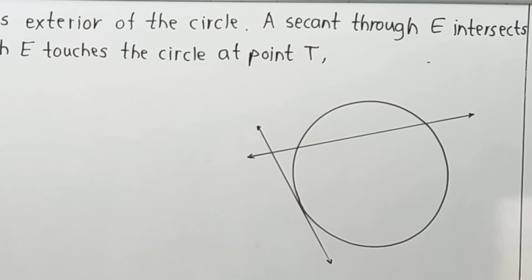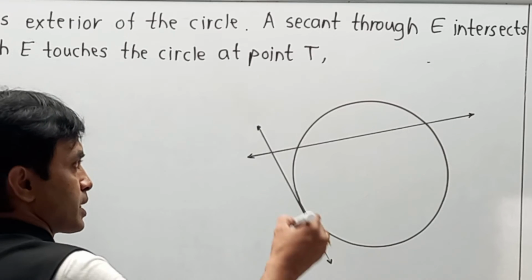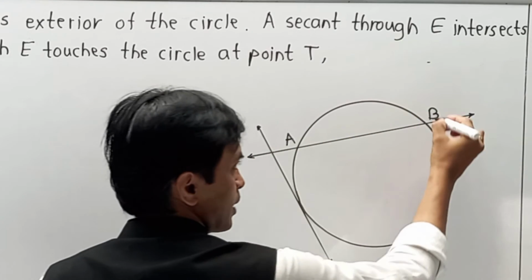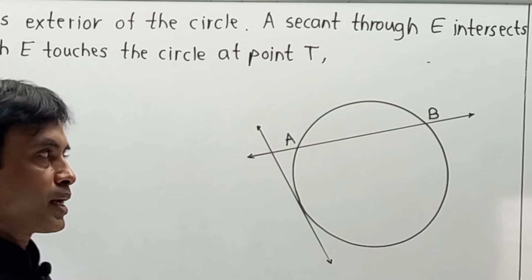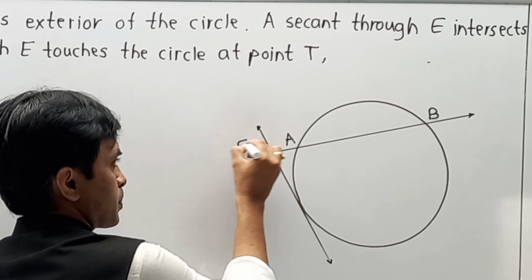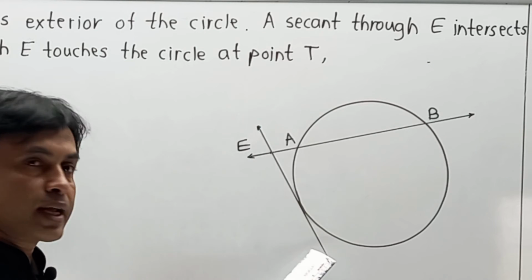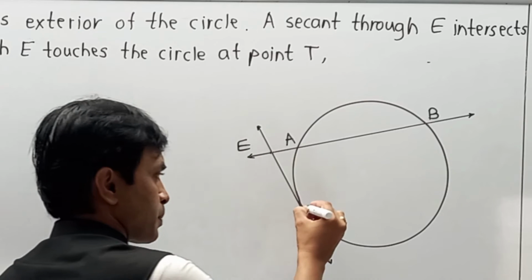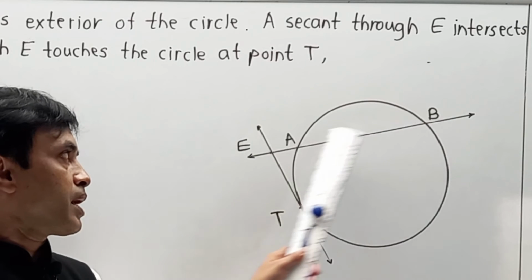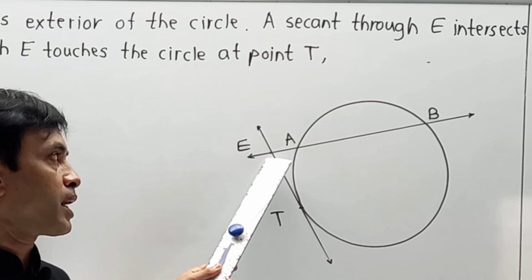First of all, let us say AB is one secant which is extended. In the book they have given a diagram, so I have drawn the diagram directly, and it is extended up to, let us say, this point, and this point is nothing but point E. Now this other line touches the circle at point T, which means ET is a tangent. AB is a secant extended up to E, ET is a tangent, and both intersect at point E.